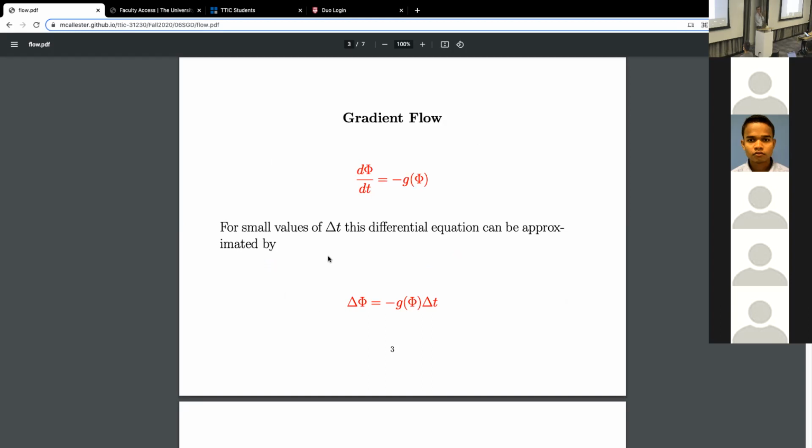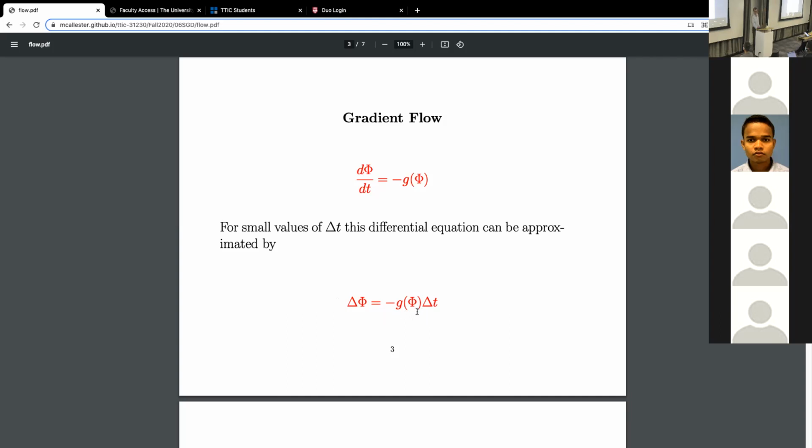My parameter is changing over time. I've got this differential equation that says it's changing at a certain rate. The rate is the gradient. So I'm just going to numerically integrate it with this equation.